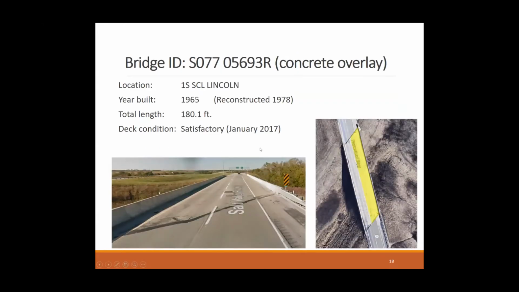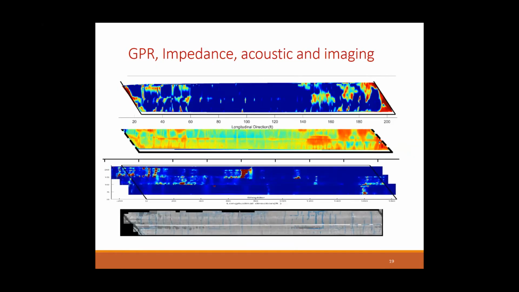This is the bridge in Nebraska, and those are the results we obtained from the GPR, impedance, acoustic, and the HD imaging. We noticed that the GPR and impedance methods show a high degree of agreement, but acoustic and the image provide complementary information.